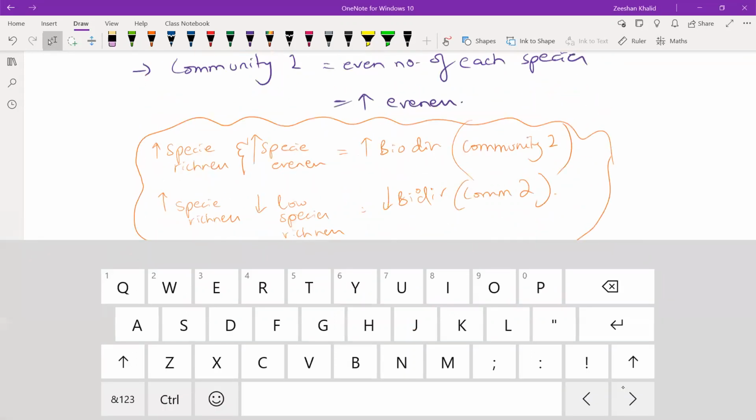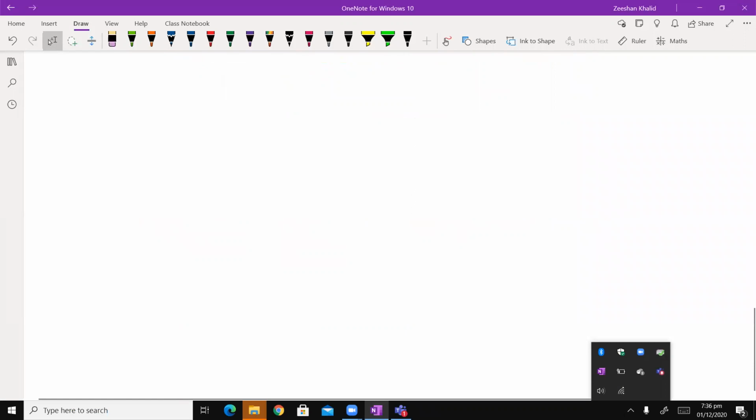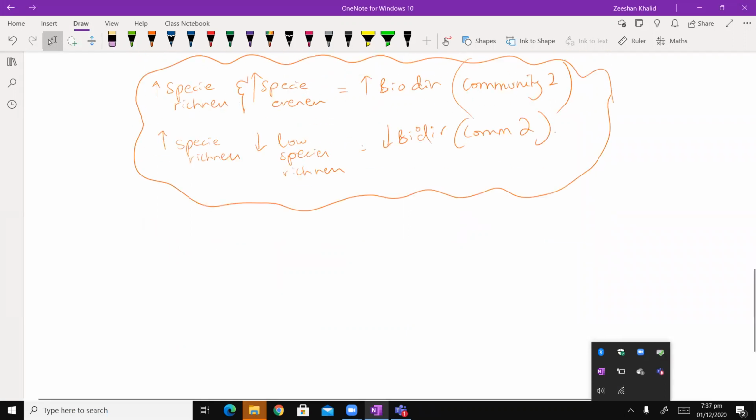Now, the next idea that we will talk about today is biodiversity. Considering the same example that I have given, community one has large biodiversity and community two has small biodiversity.